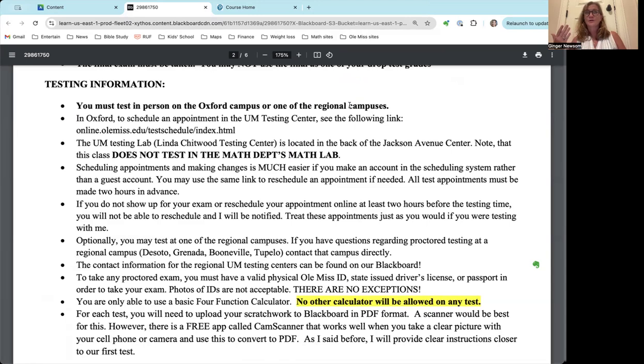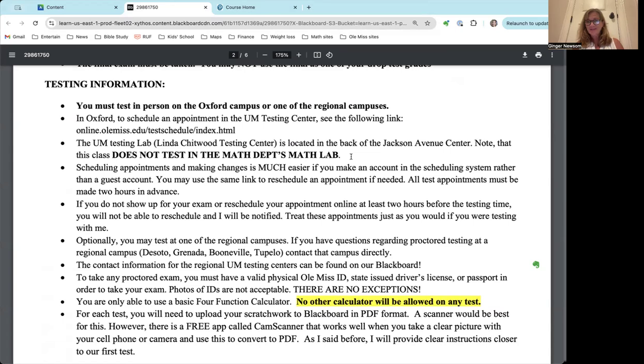I think there's a regional campus in Tupelo, maybe Grenada, Hernando. There's a few places around the state, and you can set up a time to go there and be proctored for the test. That's why we call it an online hybrid class. The hybrid means you test in person. So the testing lab, I actually need to set up all of that tonight.